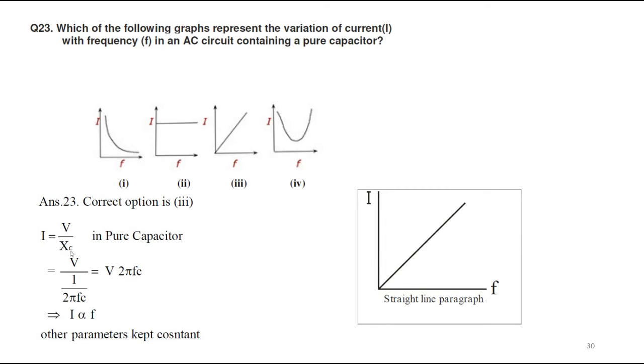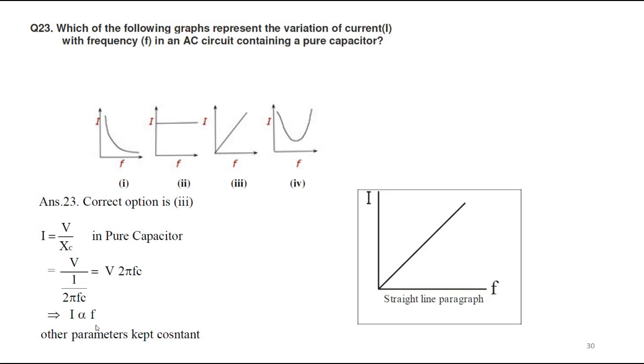I is equal to V by Xc. Here Xc is capacitive reactance. Xc is 1 by C omega, omega is 2 pi f, so 1 by 2 pi f into C. This will go to the numerator, so I is equal to V into 2 pi f into C. So I is proportional to f, because V is constant, 2 pi is constant, capacitance is constant.